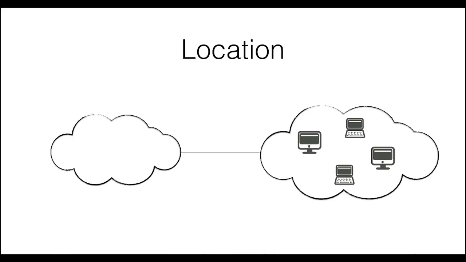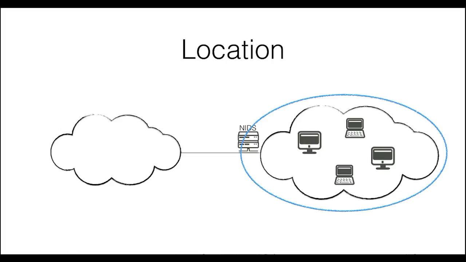Let's end with the differences between network-based IDS and host-based IDS. A network-based IDS analyzes traffic pertaining to an entire network. It will therefore be placed in a strategic vantage point, for example, at the entrance of the network we want to protect. The advantage is that a single system will protect an entire network. The disadvantage is that it might not have access to more detailed information, as for example logs on a specific host.